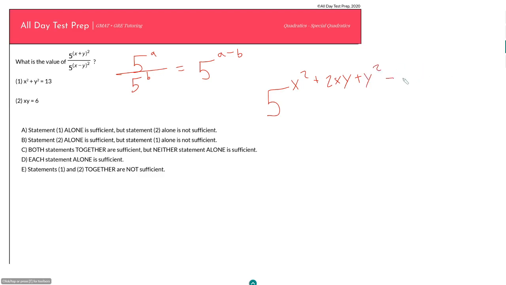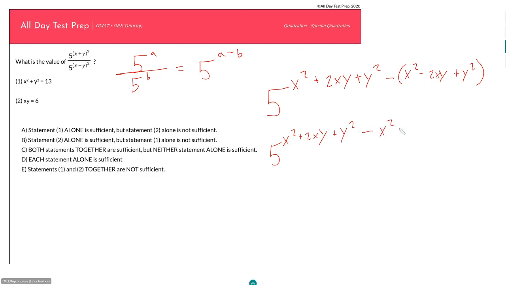minus, and then here's where you got to be a little bit organized because it's going to be minus this whole thing distributed out. So we got to put it in parentheses, x squared minus 2xy plus y squared. So when we start simplifying this, it would be x squared plus 2xy plus y squared minus x squared plus 2xy, right?